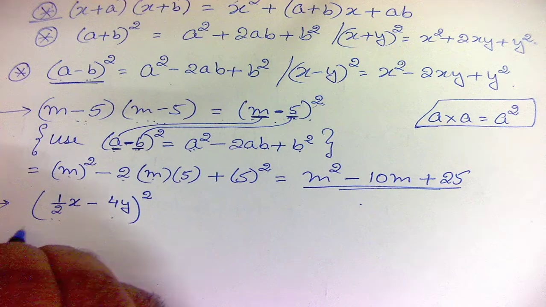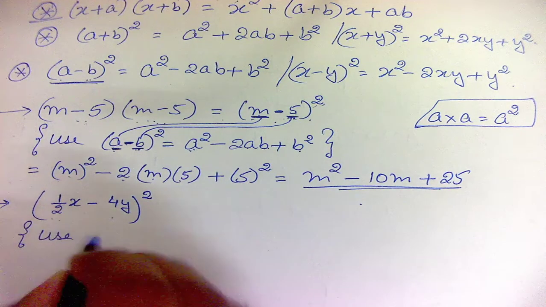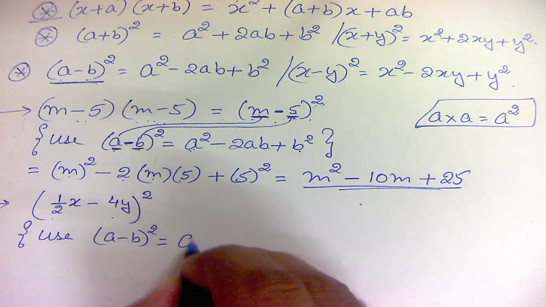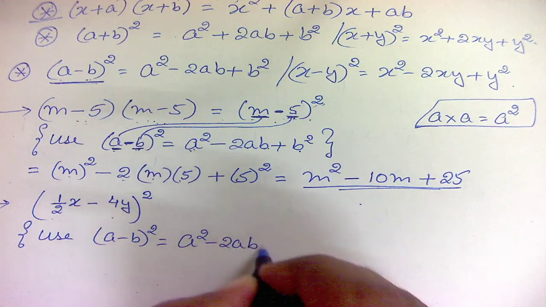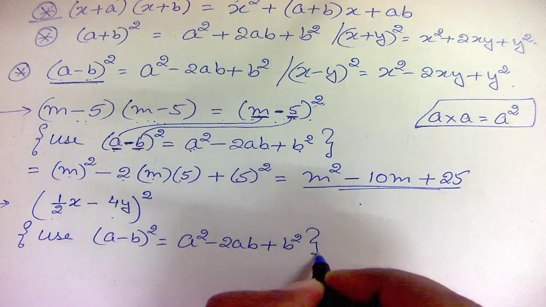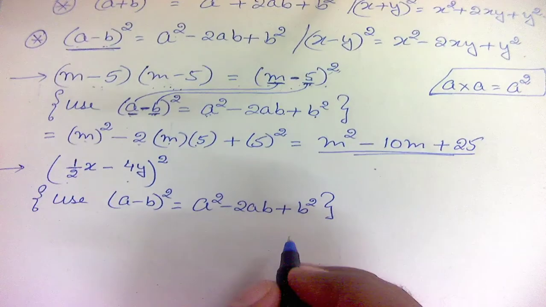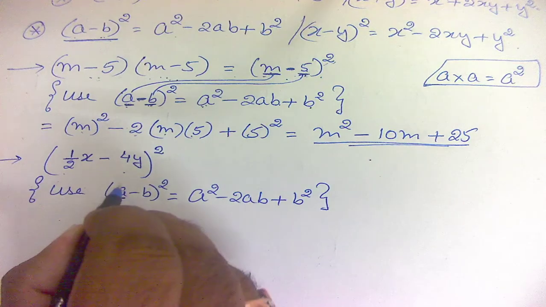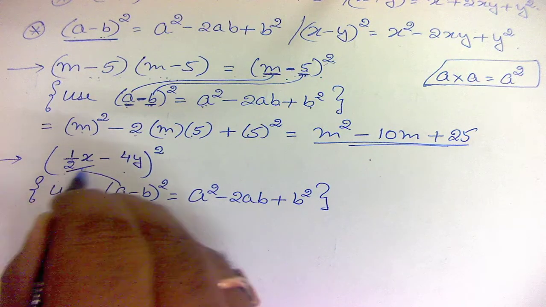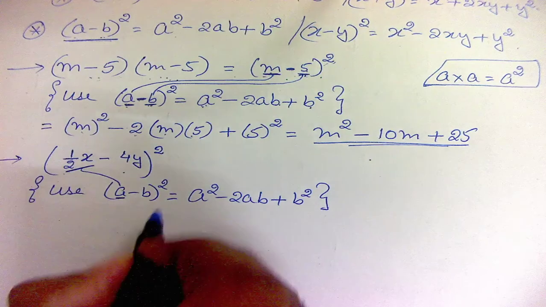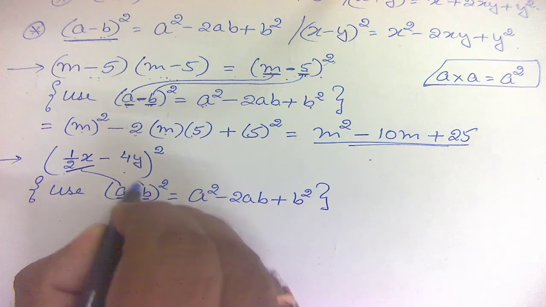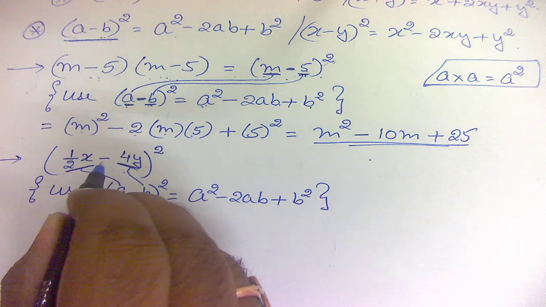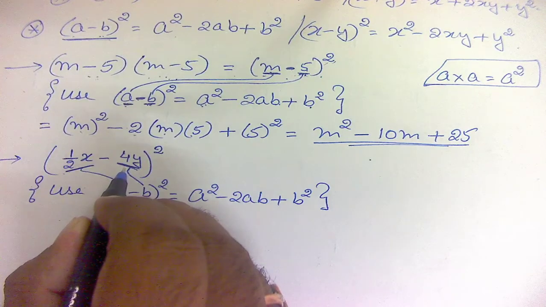Here again, if you compare it with the identity, we are going to use (a - b) whole squared, that is a squared - 2ab + b squared. When we compare, the value of a here is replaced with 1/(2x), and the value of b in this identity will be replaced with 4y. It is not -4y, you will have to take only 4y.